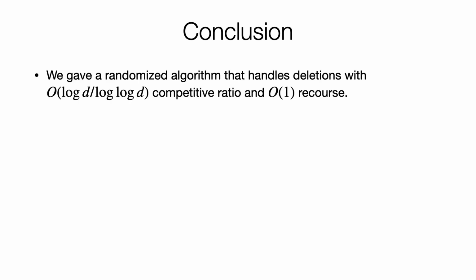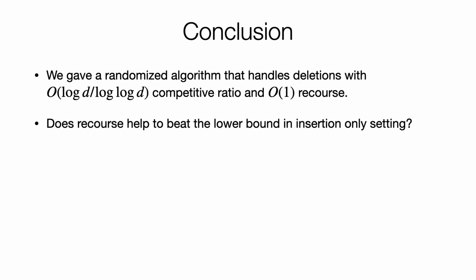So in conclusion, we gave a randomized algorithm that handles deletions with a log d over log log d competitive ratio and a constant recourse. Let me end with a few open questions. So we said in the insertion only setting with oblivious adversaries, this log d over log log d bound on the competitive ratio is tight, but it's not clear if recourse can help us beat this lower bound.